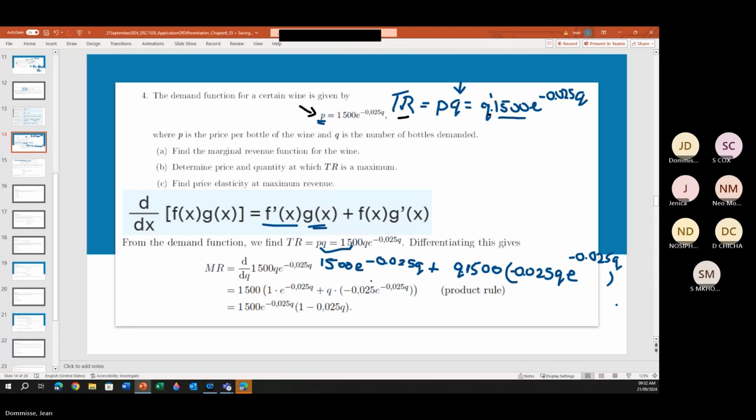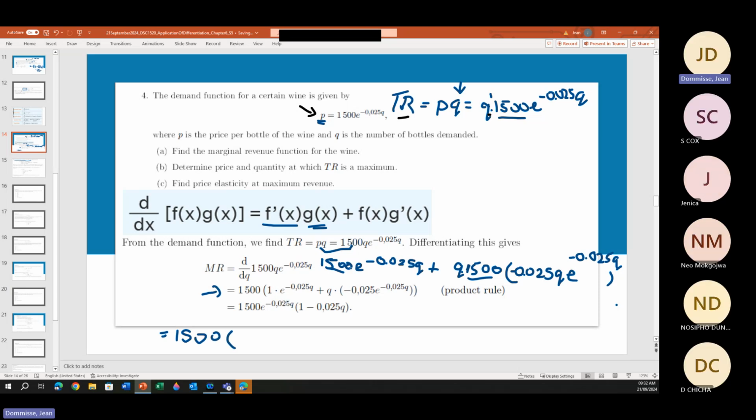Okay. And now if we want to get to this component, again, they have skipped. So let's just take 1500 out as common in both. Then what's left here is e to the power of minus 0.025Q, and that you can see there.